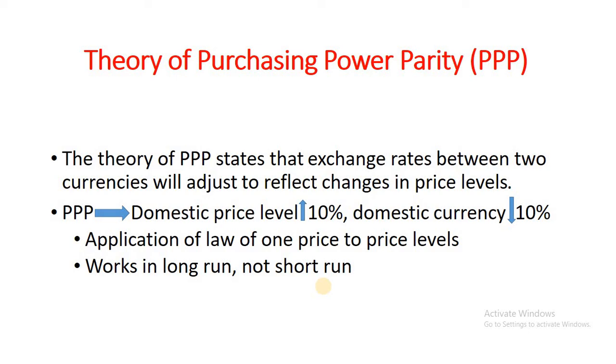For example, domestic price level of the country increases by 10%. In that case, domestic currency of that country would decrease by 10%. So it means price level increases by 10%, currency value of that country should decrease by 10%. So based on this theory, exchange rate will reflect the country's price level.